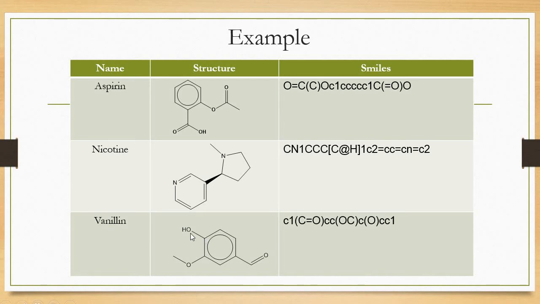Then over this C there is O, and then CC, and here you can see that the string starts from C1 and ends at C1, which means that both of these C1 are interconnected. So these are various examples of how we can write SMILES for different structures.